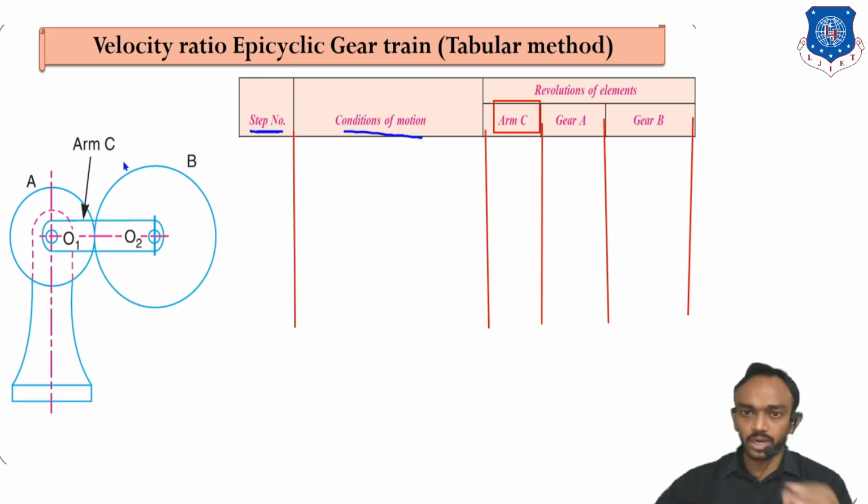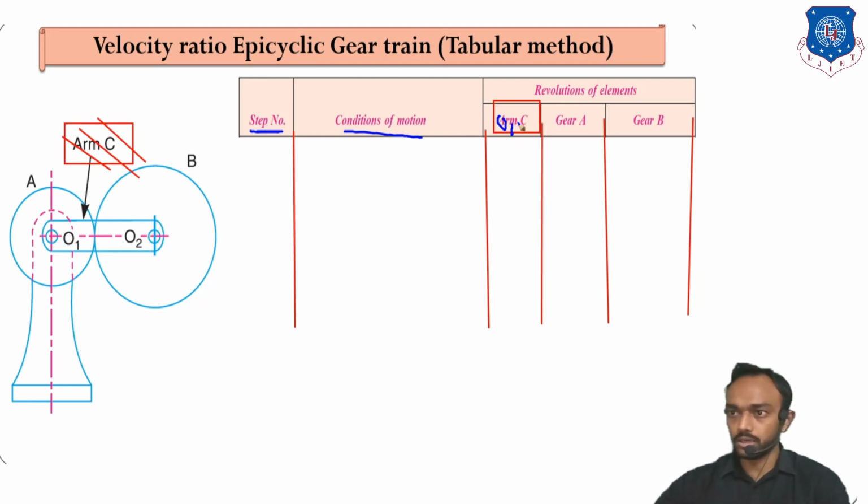First of all, whatever the arm is, here the name of the arm is given as C. If it is not given, you can use O1, O2. So you have to write here O1, O2 if no name is given. And if no data is given about the arm, you can write only "arm" here. So the first column will be fixed, and it will be the arm.